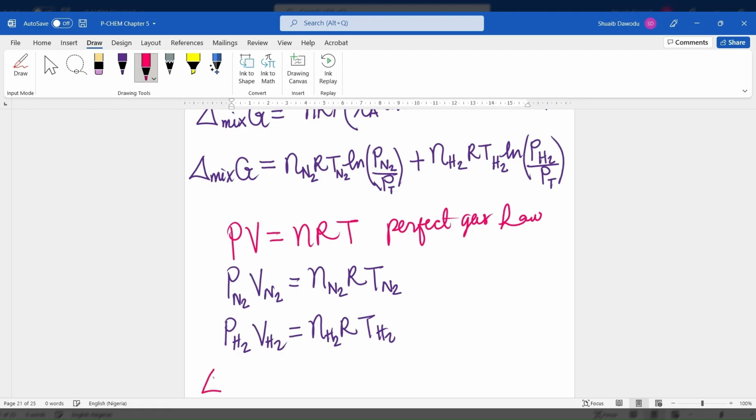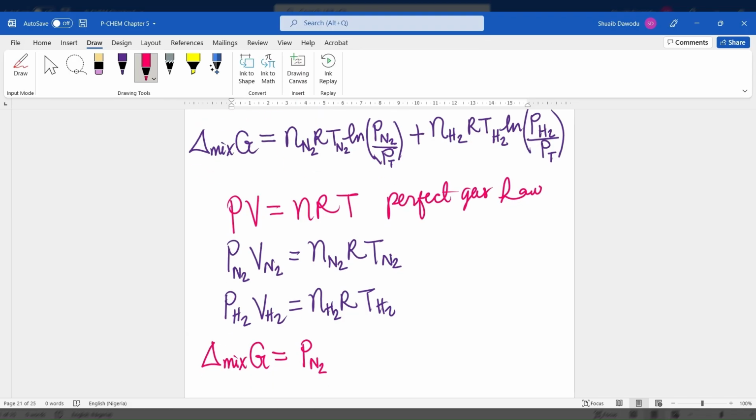So we end up having the change in Gibbs energy of mixing to be, rather than n sub N2 R times T sub N2, we can just simply write P sub N2, the partial pressure of nitrogen, multiplied by the volume of nitrogen. Okay, that is just it.